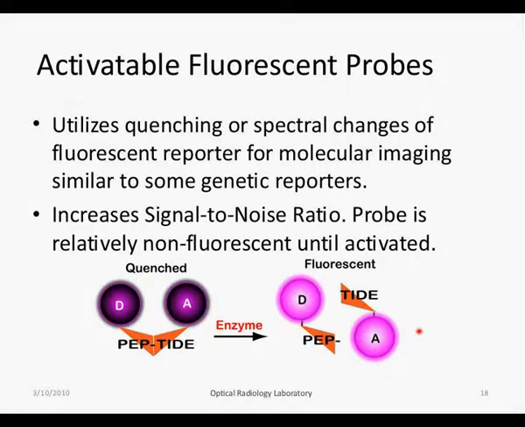This can increase the signal-to-noise ratio because the background is much reduced, and ideally there is not much fluorescence until it is acted upon in the area of interest.